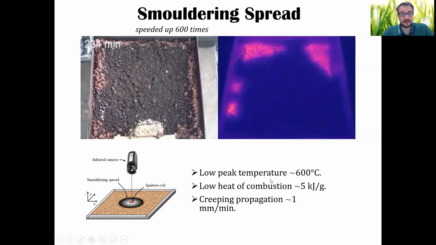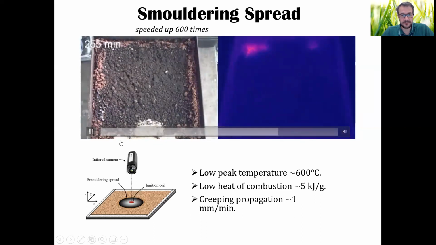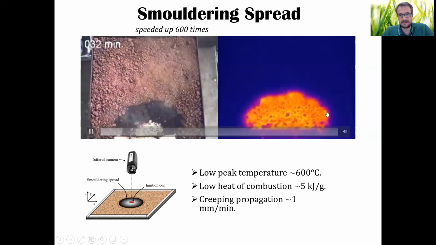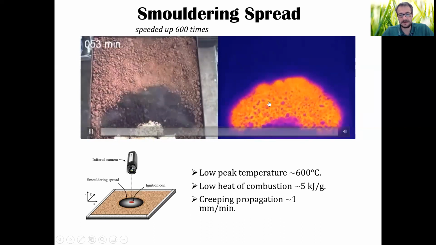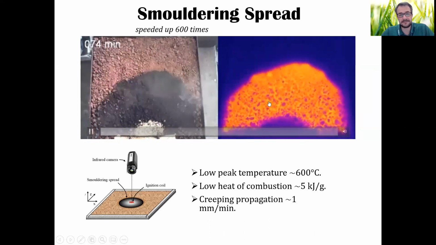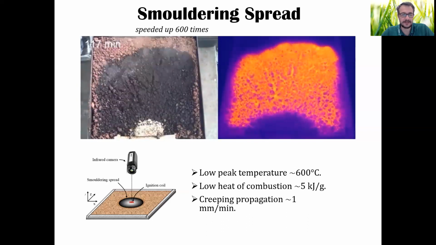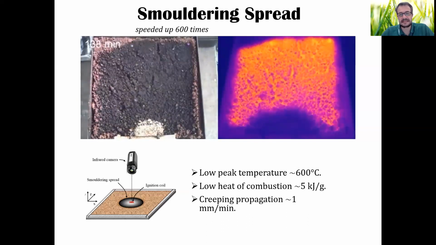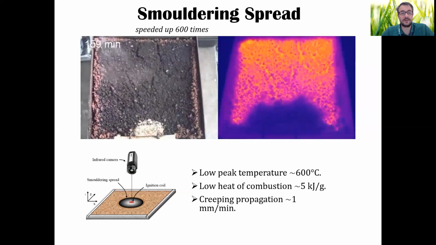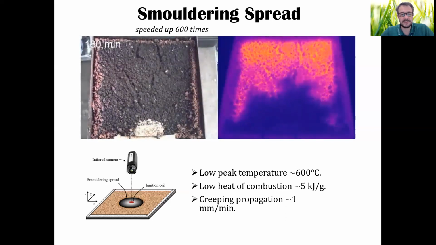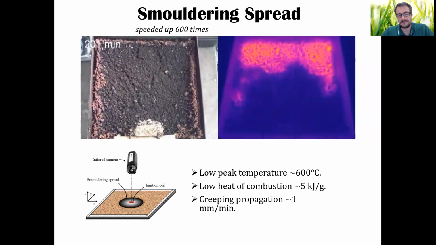The peak temperature of smoldering at the front, what is propagating, you can see here in the infrared. This peak temperature over here is in the order of 600 Celsius for peat, maybe slightly higher for some fuels or slightly lower for others, but it's in the order of 600 Celsius, which is much lower than the peak temperature of a flame, which is in the order of 1,000 to 1,500 Celsius.